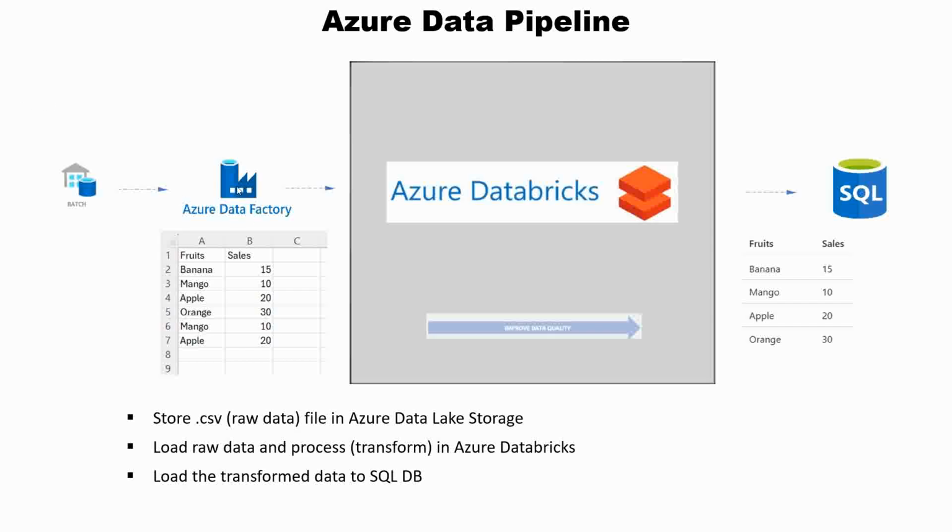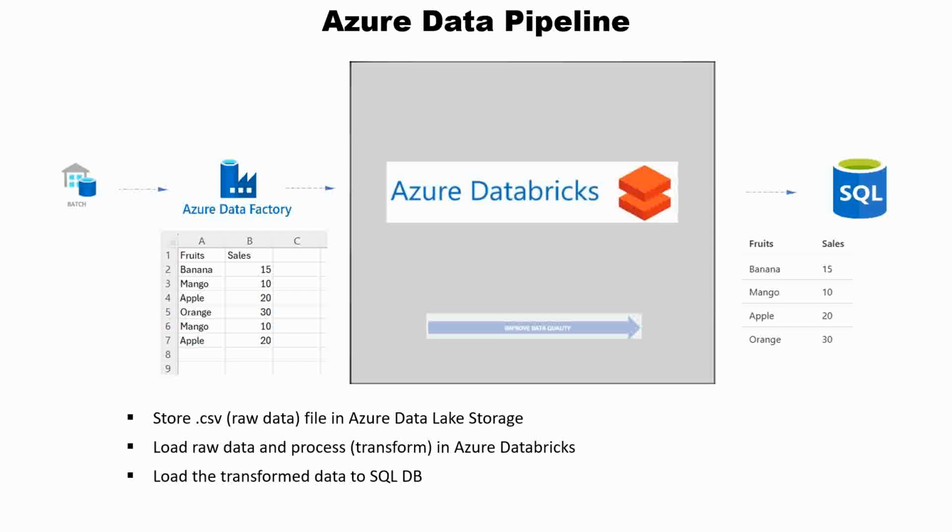We'll create a pipeline. When we trigger that pipeline, the whole process is triggered: fetching the data from Azure Data Lake Storage to Azure Databricks, processing that data, and then transferring that processed data to SQL DB. Till here everything will be taken care of by the pipeline which we are going to create.